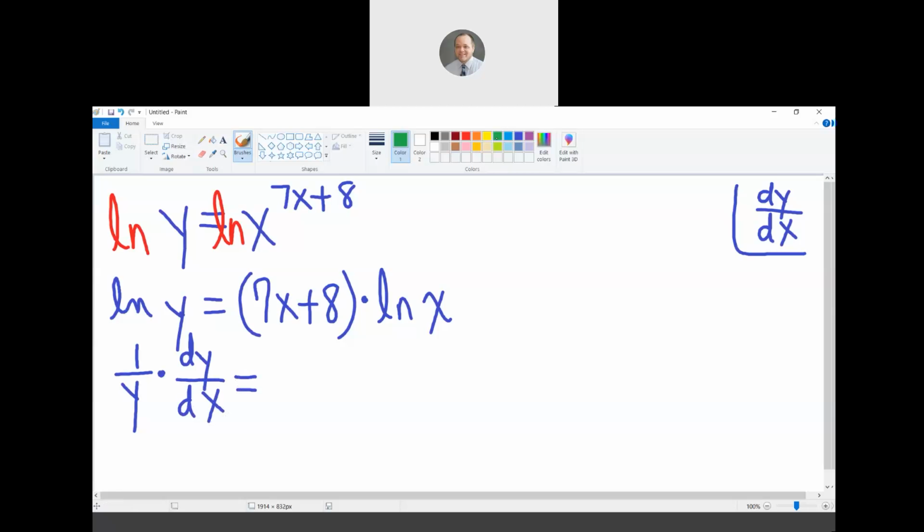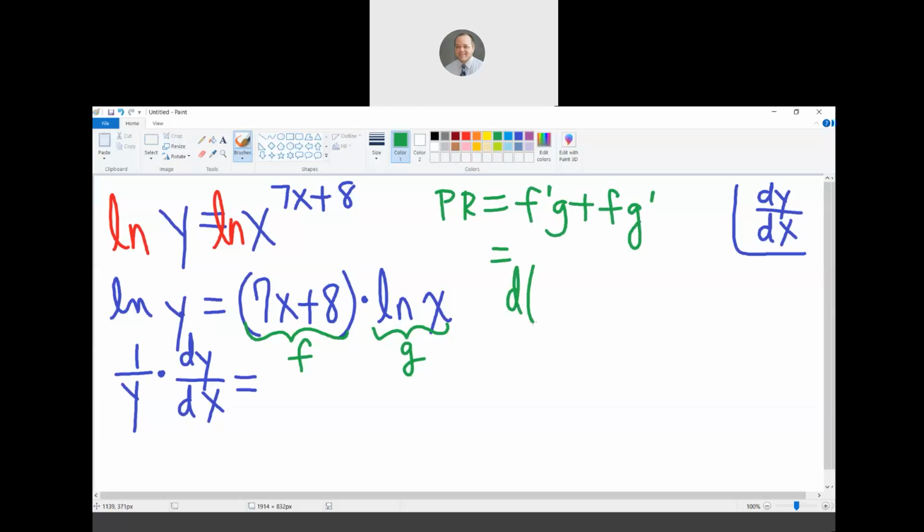Now, to take the derivative of the right-hand side, we use the product rule. My 7x plus 8 is my f, and my natural log of x is my g. So over here, up top, let's write down the product rule and fill in everything.